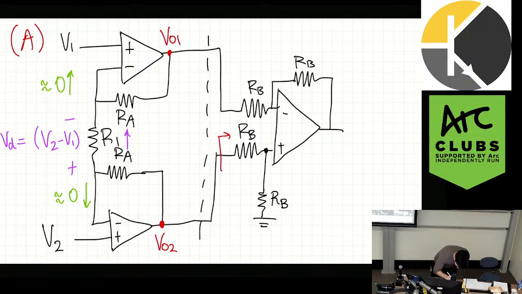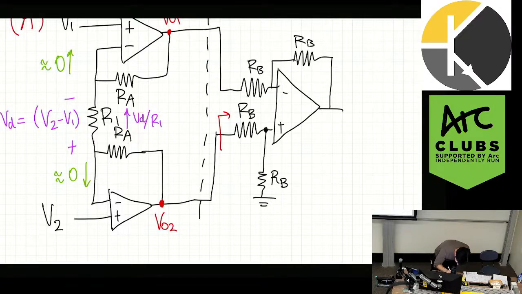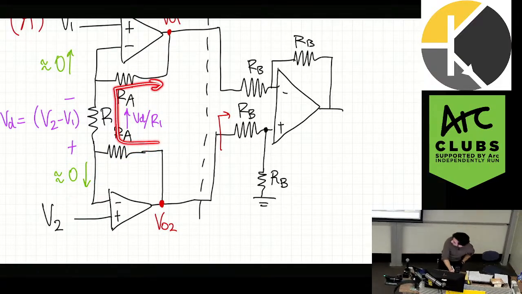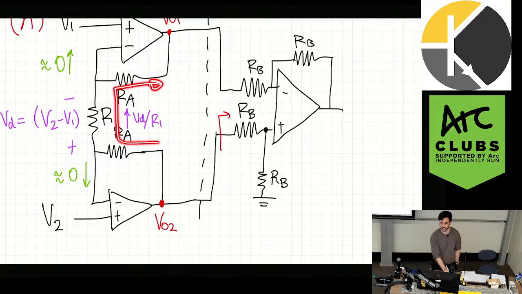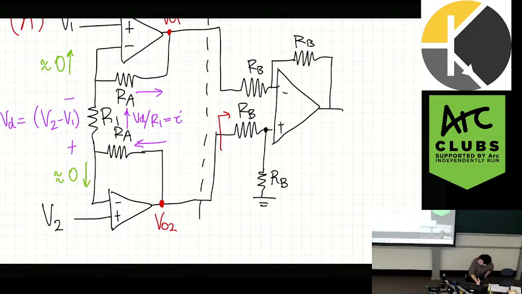Yeah, so it's just going to be VD by R1. Now, that current that was here also was here, because there is no current flowing through this op-amp. So this current goes like this, because there's no current flowing into those op-amps. So this current, which I'll just call I, is also this current and is also this current.